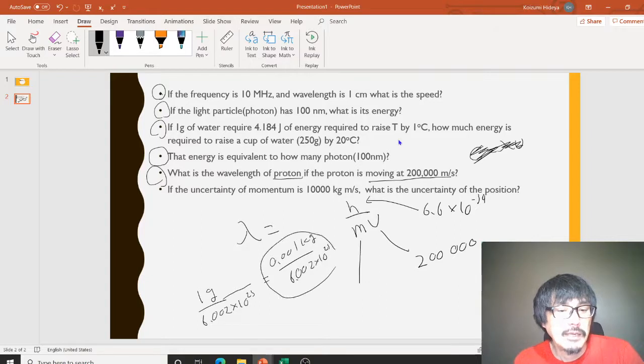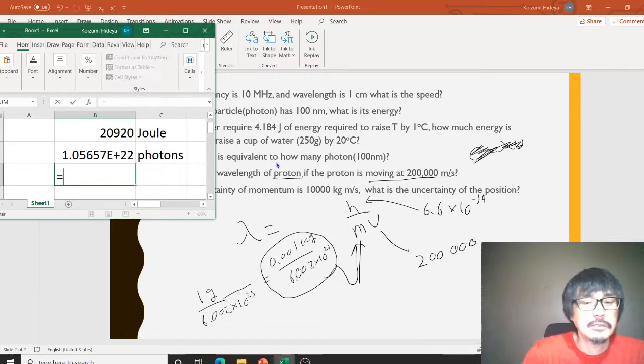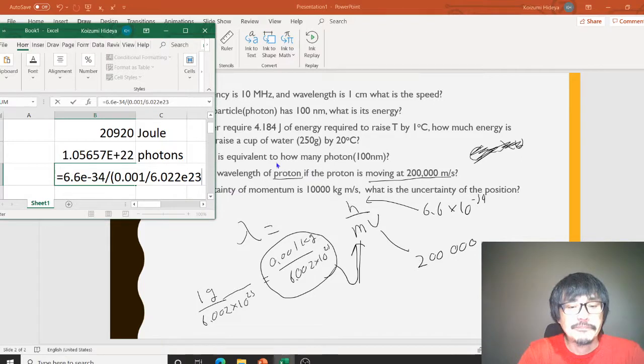And that number goes in here, and that should give me the wavelength. So it's equal to 6.6e-34 divided by, always use parentheses, 0.001 divided by 6.022, multiplied by 200k.